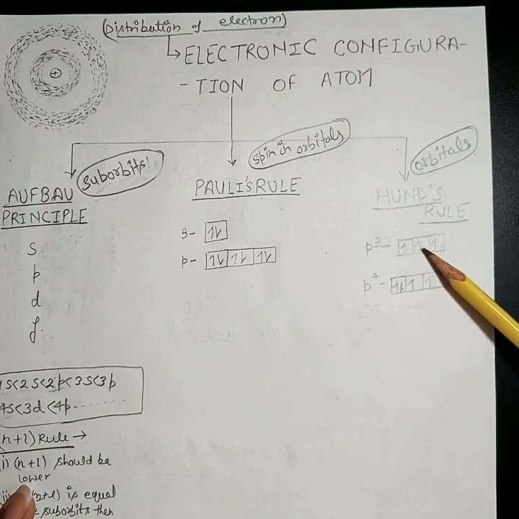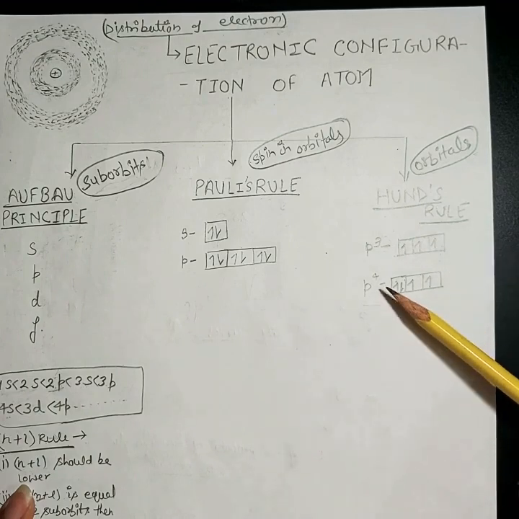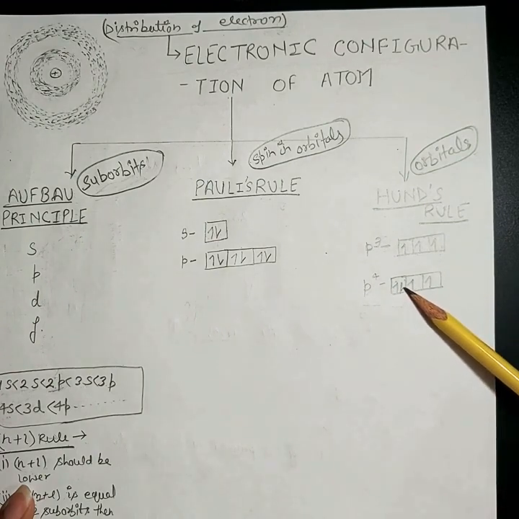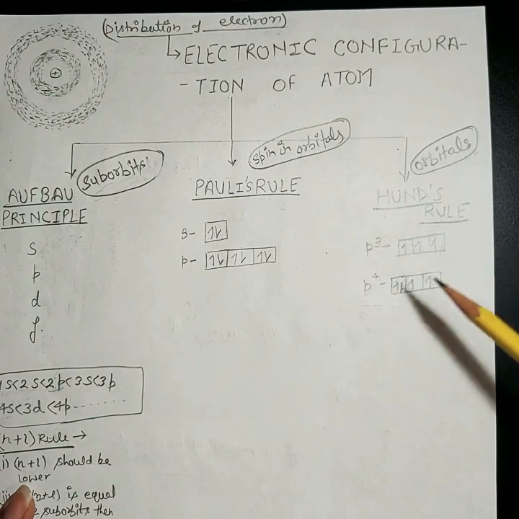Means all the electrons will fill in empty, vacant orbitals. But if we have 4 electrons, then what will happen? Only when no vacant orbital is present will pairing of electrons occur. So Hund's rule says this.